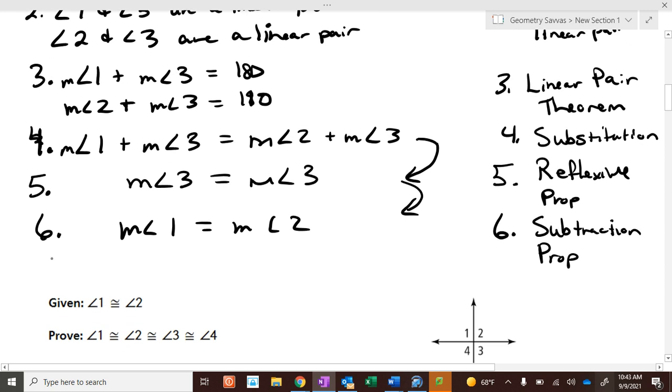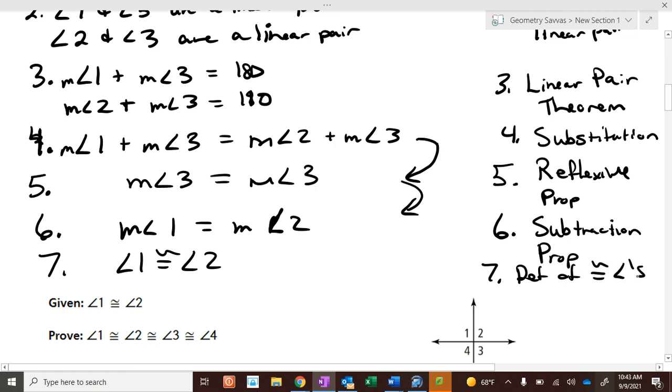And finally, what I'm going to say in the end is angle 1 is congruent to angle 2 because if their measures are equal, then they're congruent to each other. That's the definition of congruent angles.